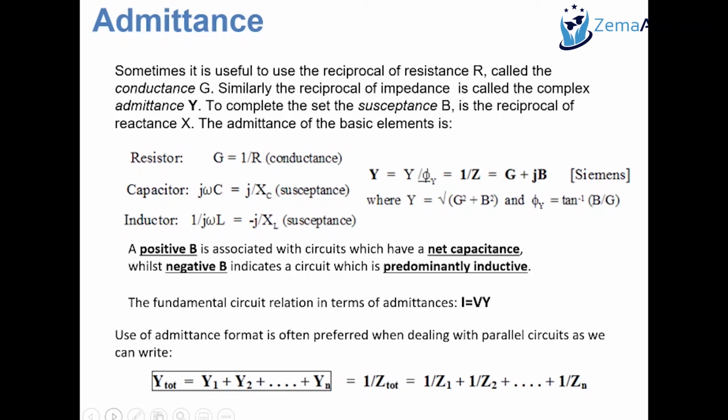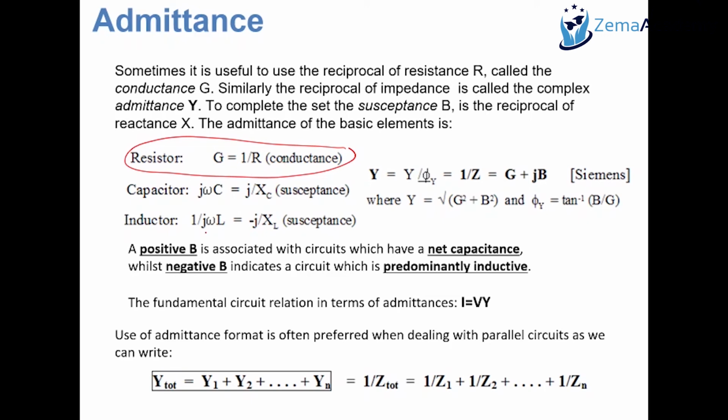So admittance is something that you probably don't come across easily. Have you come across admittance so far? Have you used it anywhere in your calculations? You didn't, yeah. So usually admittance is similar to how conductance is the opposite of resistance.